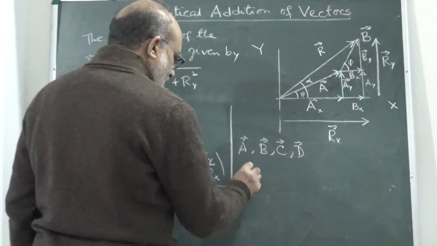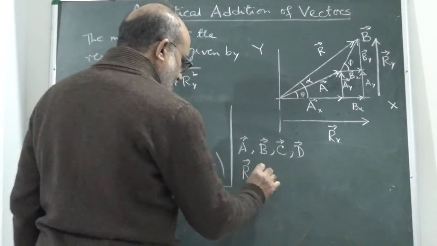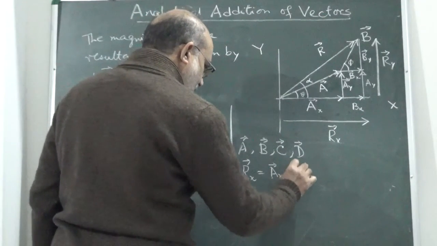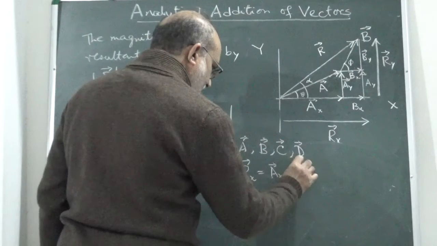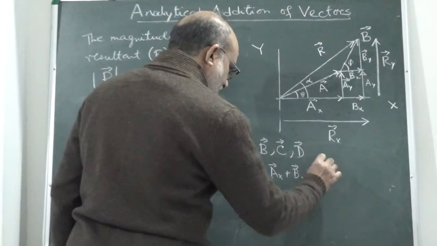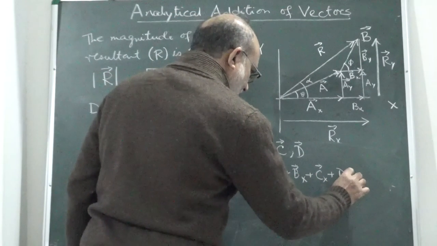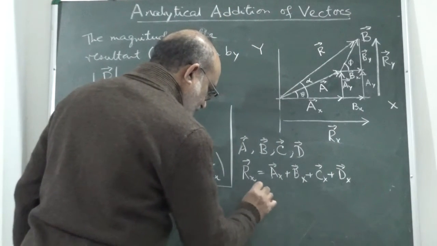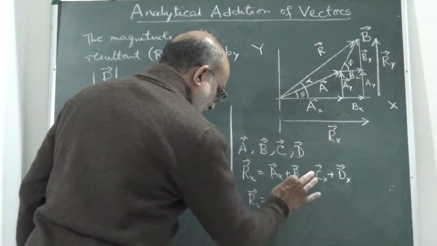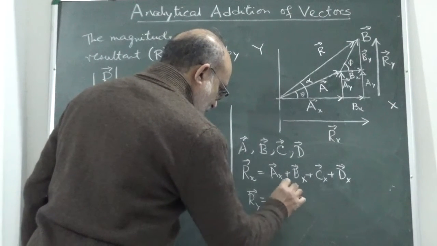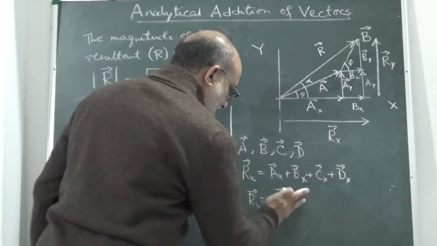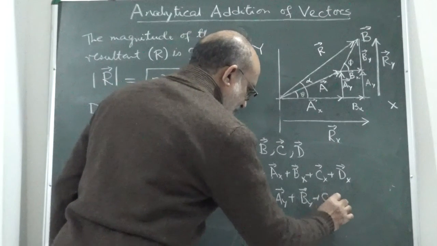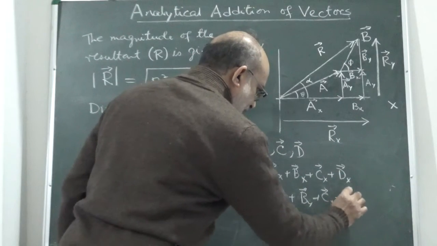So the resultant of the x will be given by Ax plus Bx plus Cx plus Dx, and Ry will be given by Ay plus By plus Cy plus Dy.